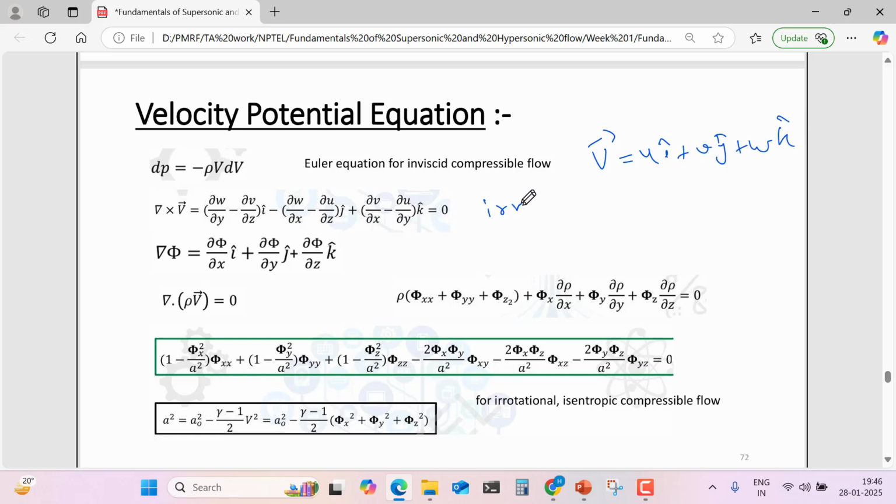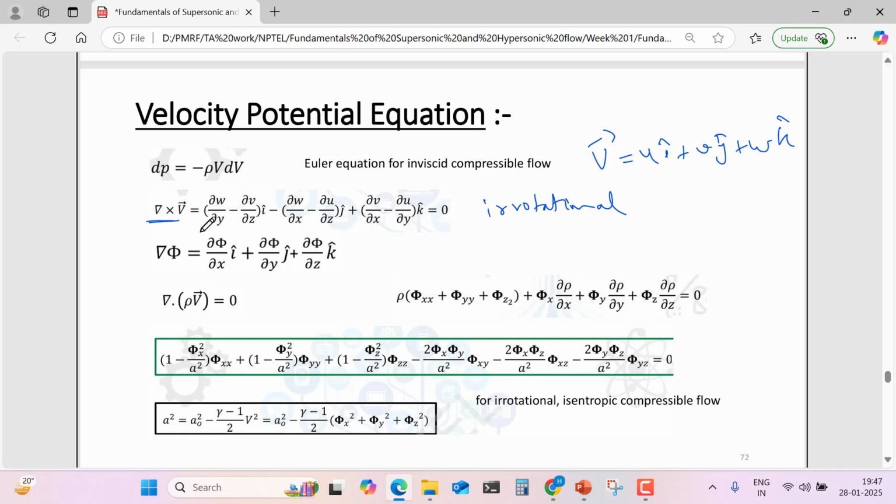If flow is irrotational, then the curl of velocity is always 0. So curl is given by dou w by dou y minus dou v by dou z i cap minus dou w by dou x minus dou u by dou z j cap plus dou v by dou x minus dou u by dou y k cap equal to 0.